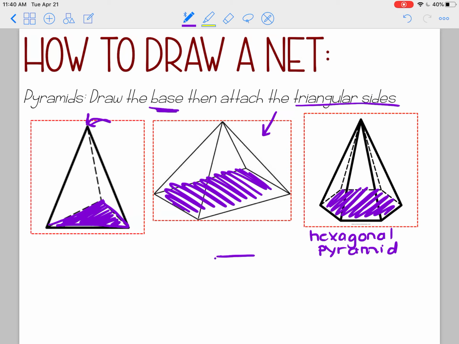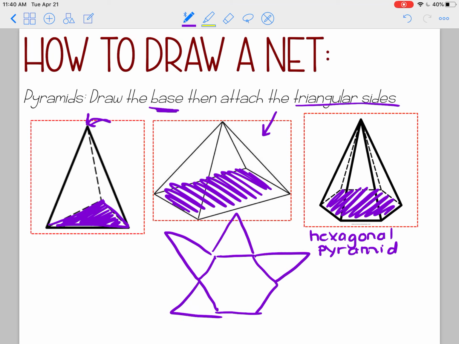Our hexagon has 6 sides. And then we're going to attach our 6 triangular sides. And I love making this one because it kind of looks like a star. Looks kind of cool. Looks like a sun, maybe. So we have our hexagonal base, and then we have our 6 triangular sides, and that makes our hexagonal pyramid.